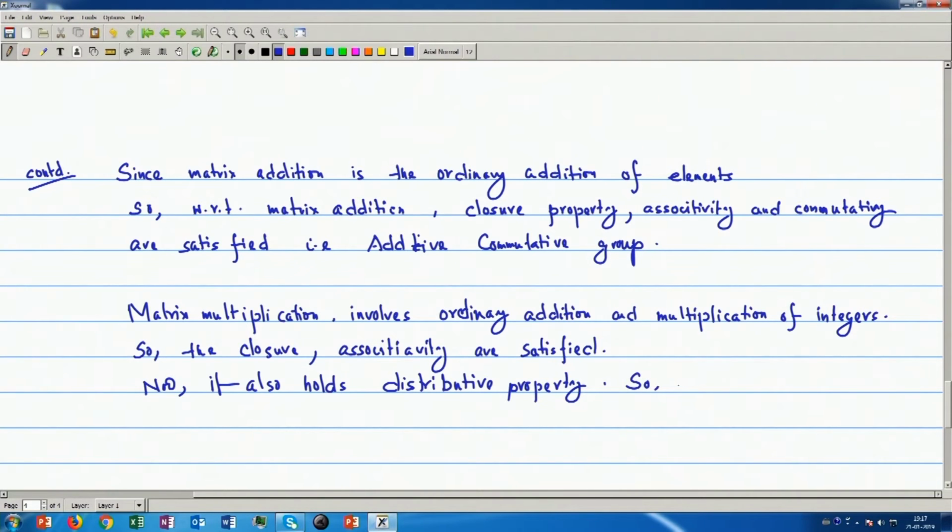So, it forms a ring, but one thing we notice is, if we take one example, a 2 by 2 matrix like 1 2 1 1 and 5 6 4 0.